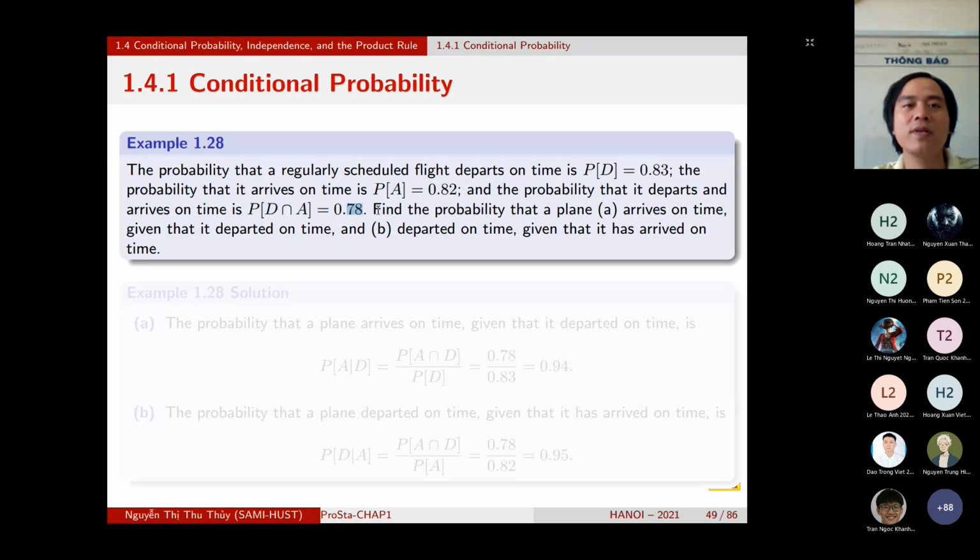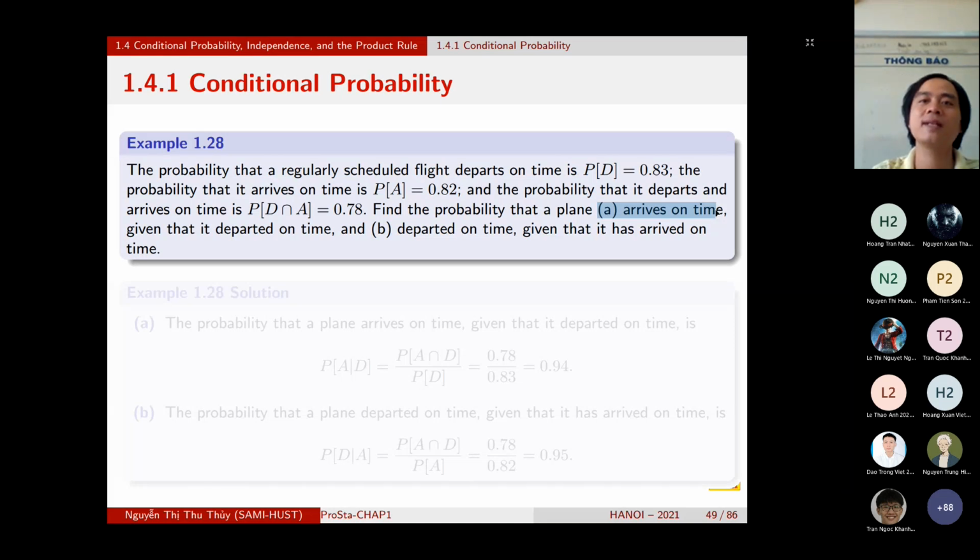So it is 0.78, and now we need to find the probability that a plane arrives on time, given that it departed on time already. In part A, we compute the probability that a plane arrives on time, given that it departs on time already.